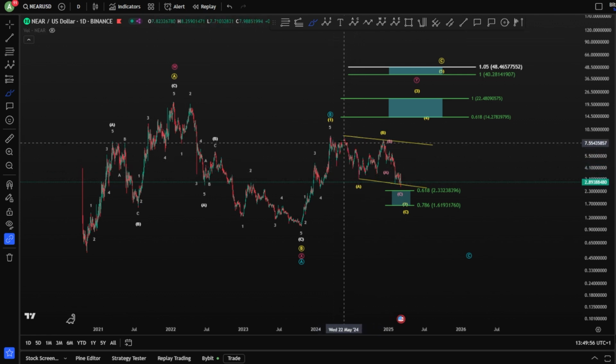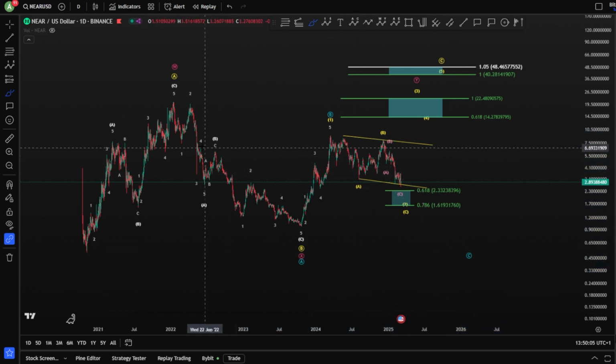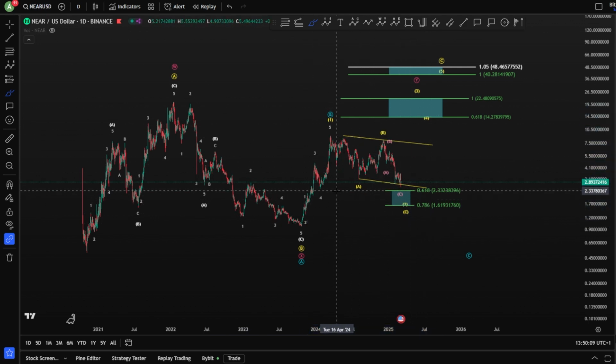However, your wave 5 looks longer than your wave 3, which is also invalidation, meaning very low possibility, of course, to have this wave C, and we are in a higher possibility to move toward the upside once we finish this wave C. Let's move inside it, of course, to see if this wave C has finished or not.